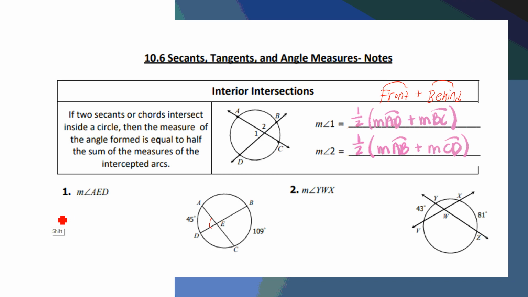So we want measure of angle AED, and it's going to be equal to half of 45 plus 109. So if you add 45 and 109, that is 154. Okay, so 154 divided by 2, multiplying by 1/2 is the same as dividing by 2. That is 77 degrees.